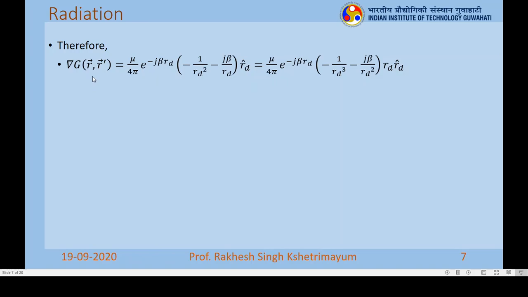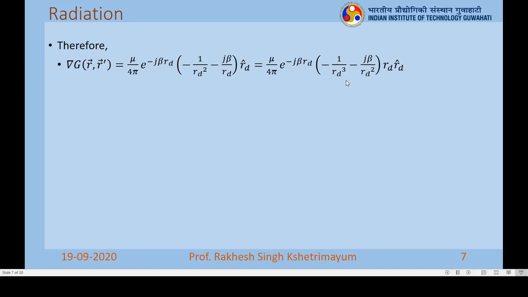So the final expression we have for the gradient of G is this, and here this is RD hat. Now if I take out RD from this first bracket here, that's what we are doing here, then RD will come out, so we need to divide by RD here.